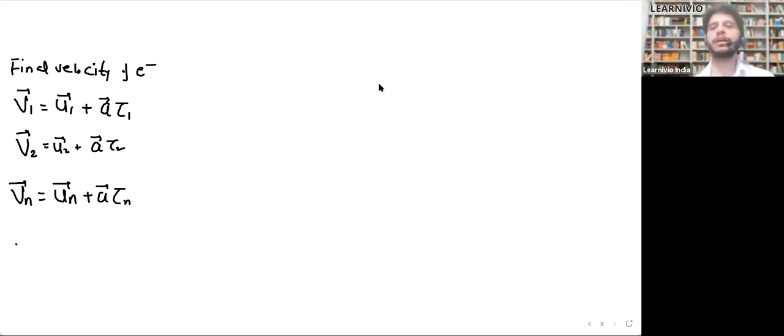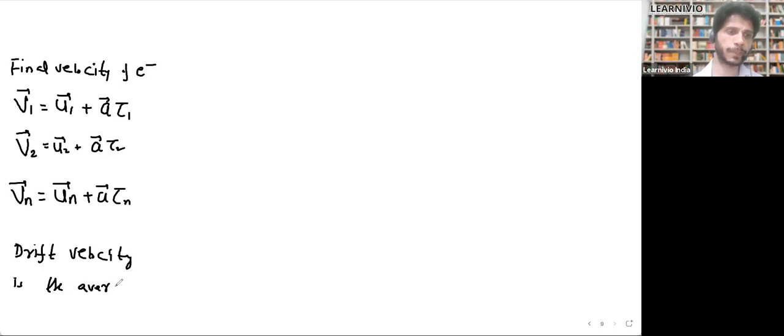But when current flows through a conductor, we don't observe individual electrons. We observe the average velocity of electrons. So drift velocity is the average velocity, the average velocity after the application of field.